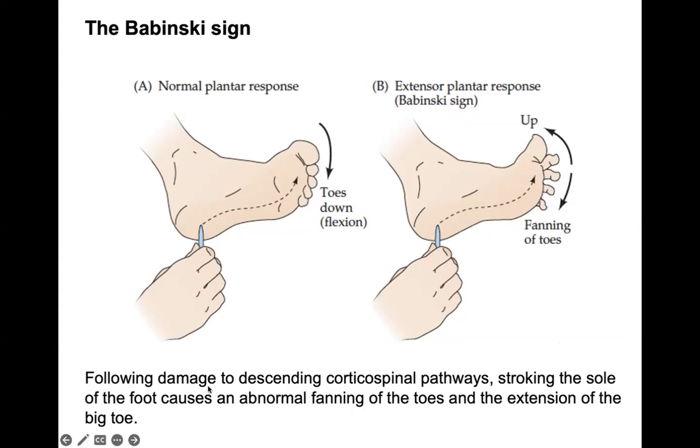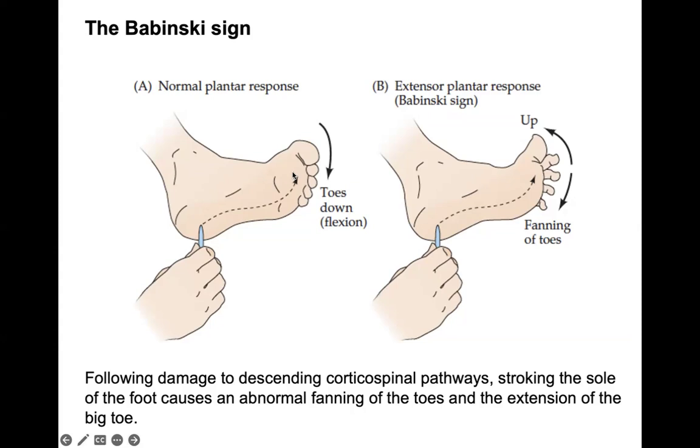More specifically, those corticospinal tracts or pathways that we just talked about. The way that you test is you basically use an object to stroke from the sole of the foot, right here, to the top of the foot in these directions.